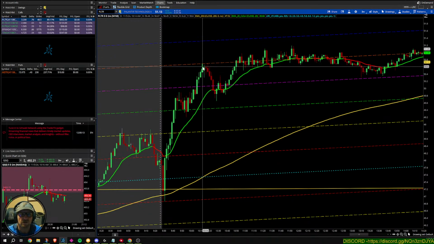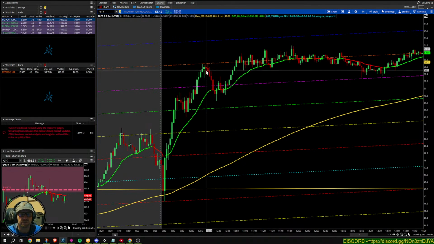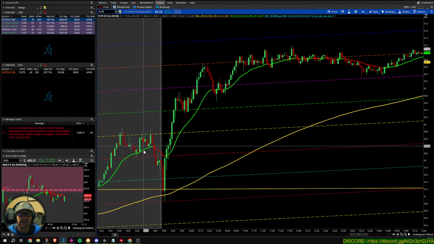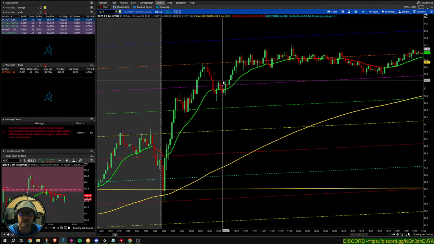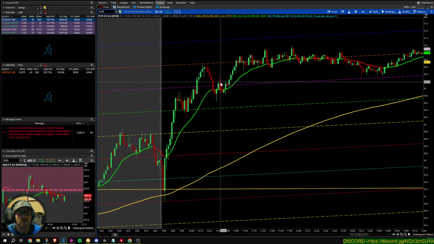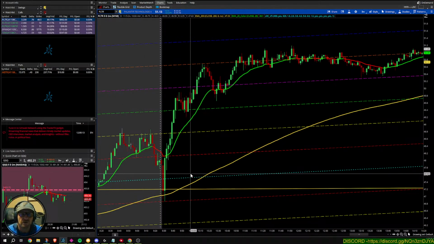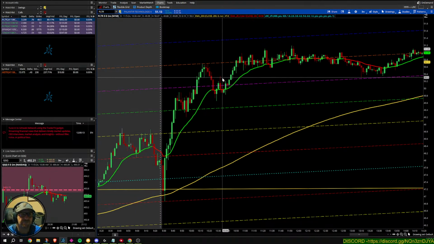I took profit here, I took profit here, and I exited the position on this candle. I bought 6 and scaled out all the way. Think about that, this was only a 600 or almost $700 position.